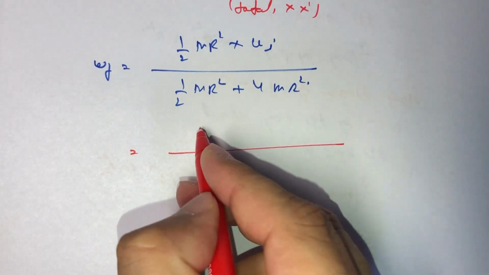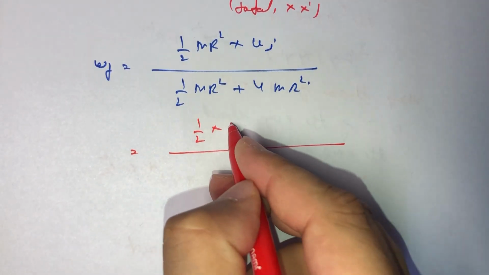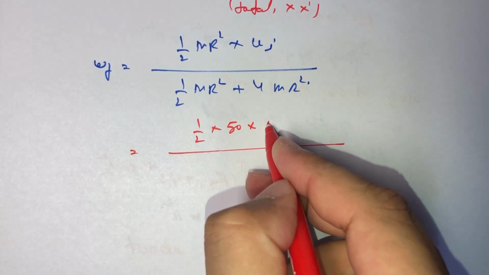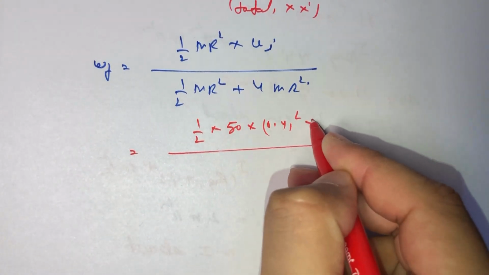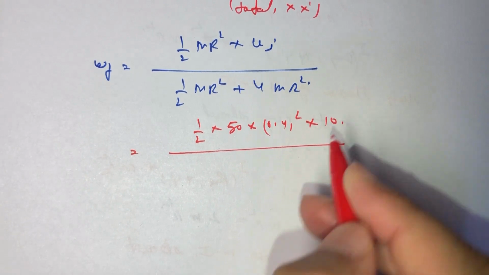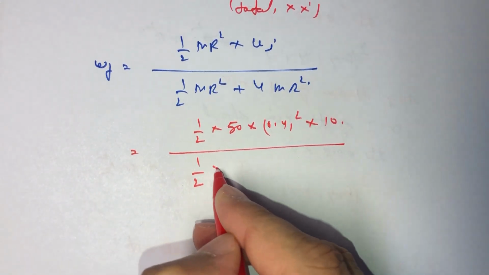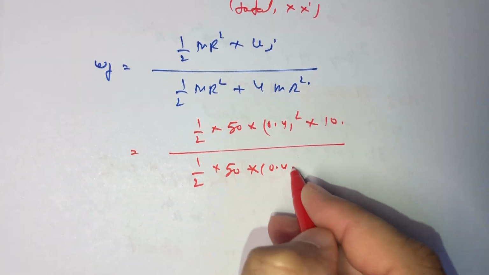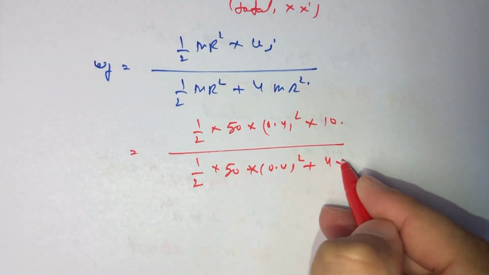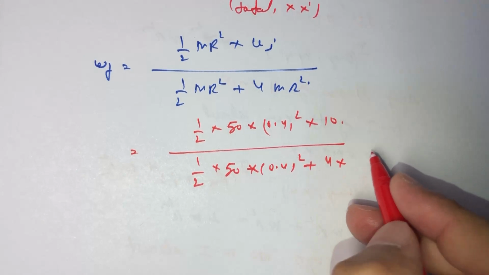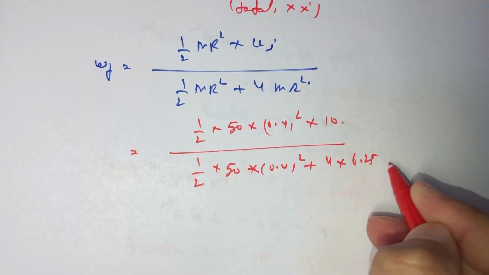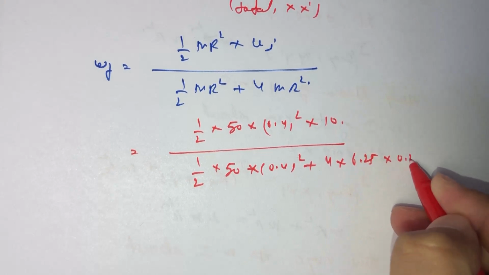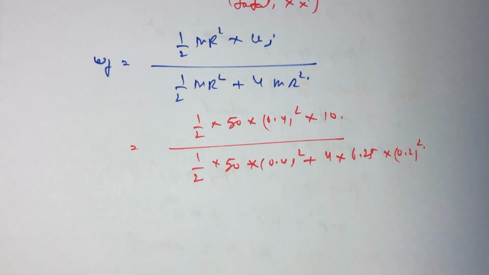Substituting values, we have half, mass is given as 50, radius is 0.4, and omega initial is given as 10, so this is half into 50 multiplied by 0.4 whole square, plus 4, and its mass is given as 6.25 and radius is given as 0.2 whole square.